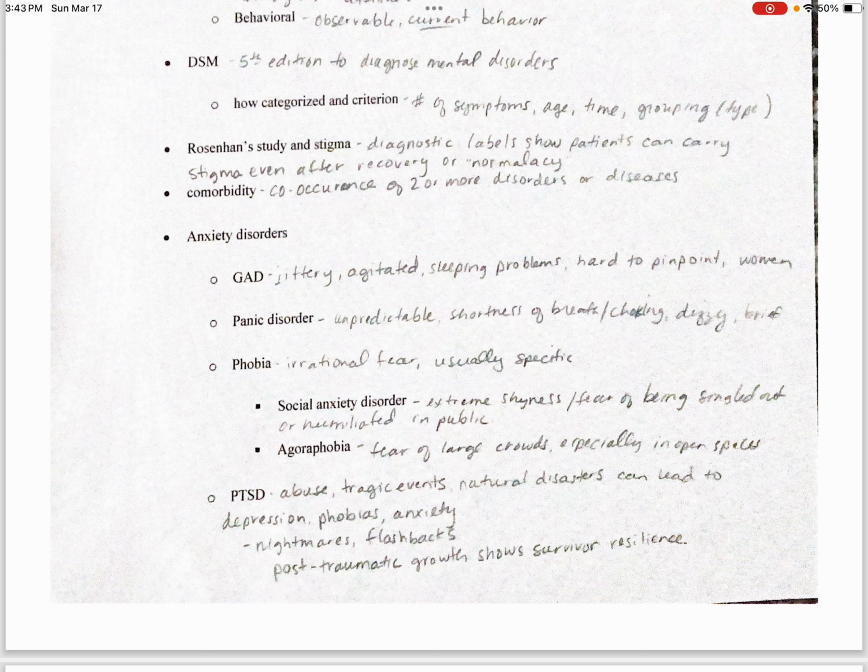Panic disorders. This is kind of like that unpredictable anxiety tornado we talked about. It's characterized by shortness of breath, a choking feeling, feeling kind of dizzy and like you can't think straight. It's fairly brief though. And again, time is really important, right? So when I say brief, oftentimes these panic attacks only last for maybe 3 or 4 minutes.